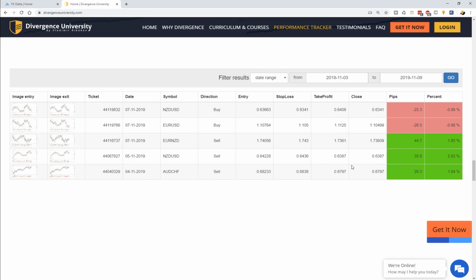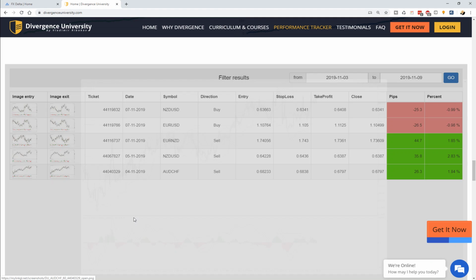Inside this table, you'll see the trades we've taken during the previous week. Of course, I did select in the range here last week's time zone, and now we can go ahead and cover it. So, starting first of all with the Aussie Franc.